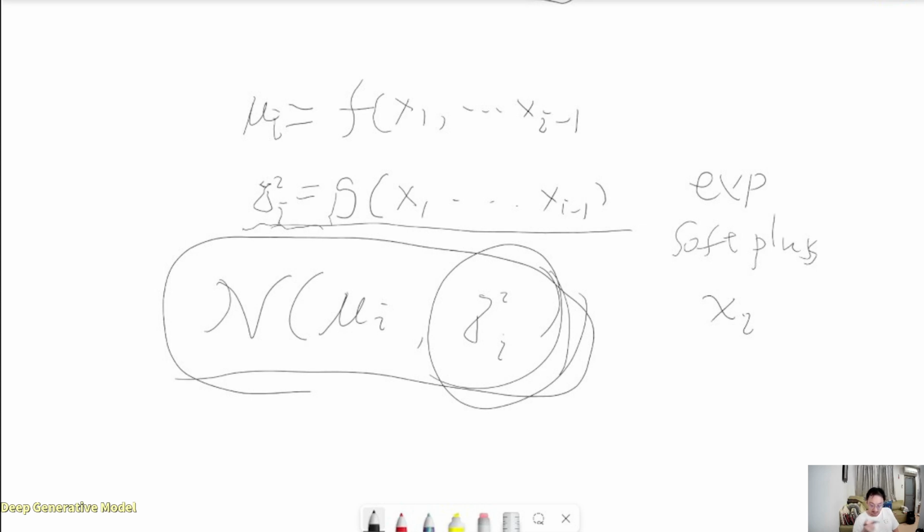Other than that, it should work just fine. However, you can go with a more common way. I think softplus and exponential are pretty okay. I don't see that they make too much difference. But you have to make it positive, because the standard deviation and its square, the variance, has to be positive.